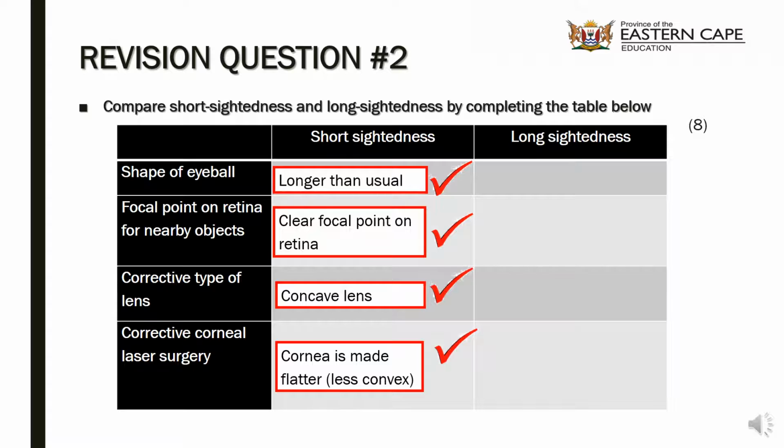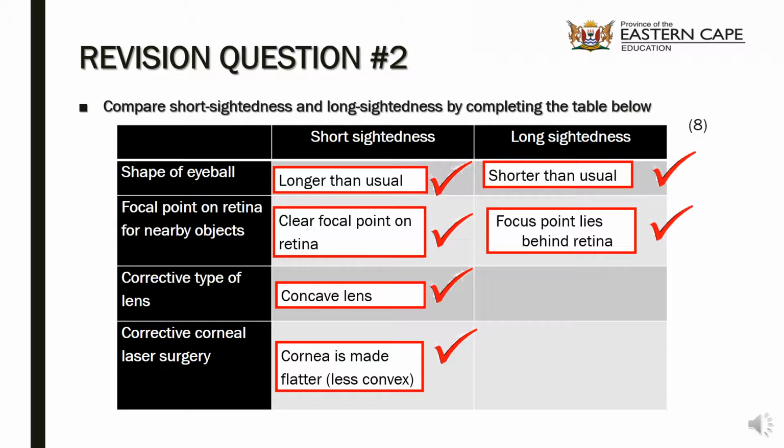What about long-sightedness? Right? What does the shape of our eyeball look like? The shape of our eyeball is going to be shorter than usual, if you remember. So because the shape of the eyeball is shorter than usual, what is that going to do for objects that are nearby? Those objects are going to fall behind the retina.